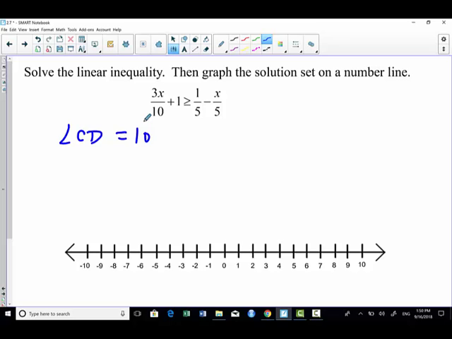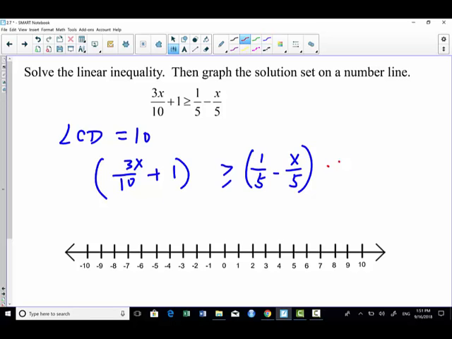Once you have found the LCD, you're going to multiply that LCD on both sides. Equivalently, you have to multiply all 4 terms in the original inequality by that LCD, 10.